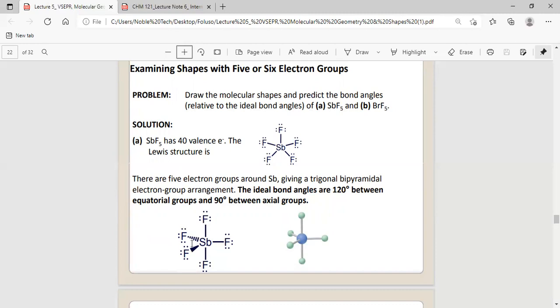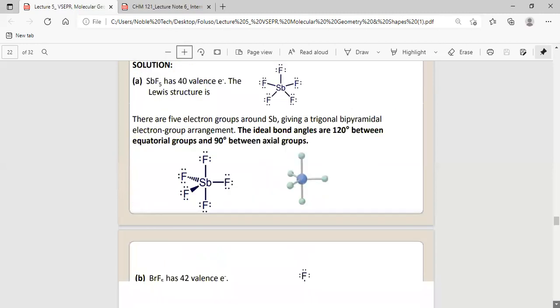As previously mentioned, between the equatorial positions you have an angle of 120, and on the axial, you have an angle of 90.